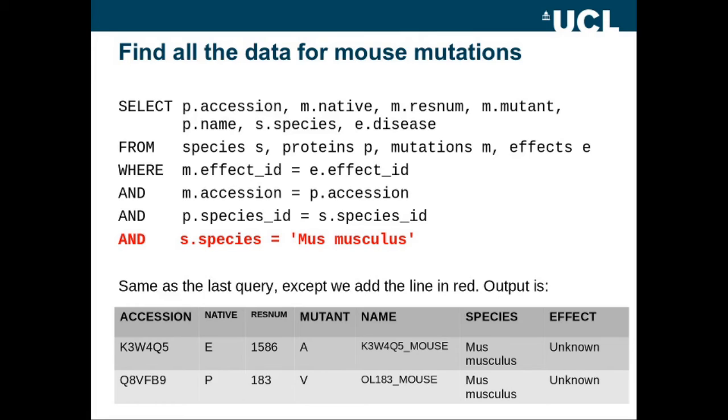We're specifying that the species name must be equal to mus musculus. Since we know that the species identifier for mouse is the number 2, then we could also put this query as s.speciesId equals 2.